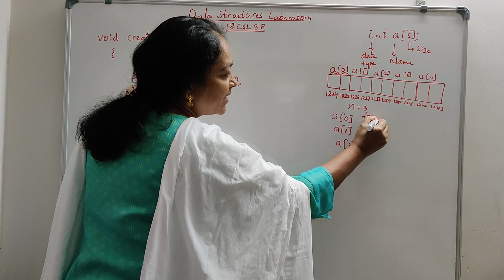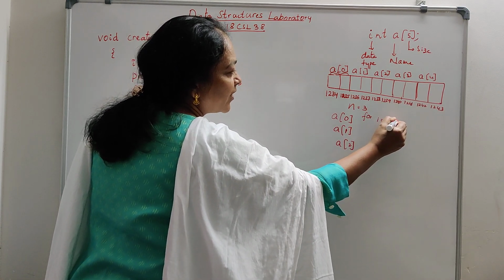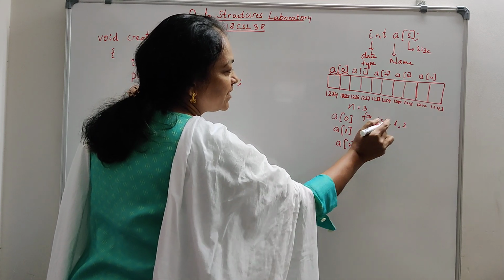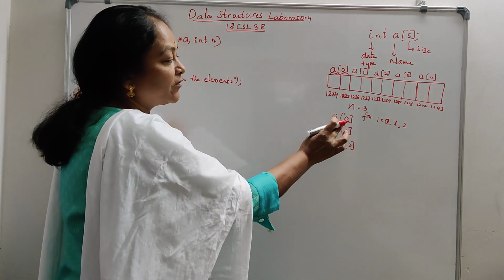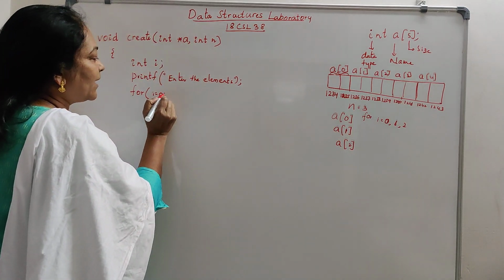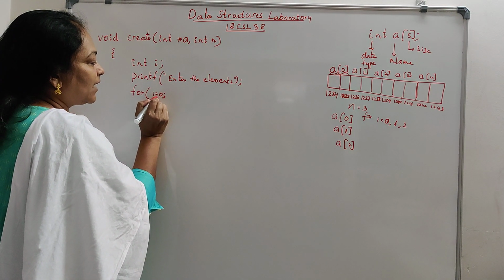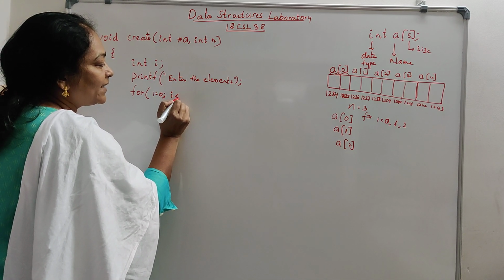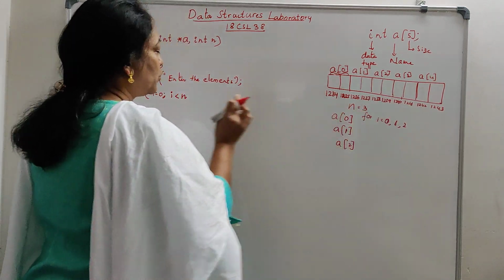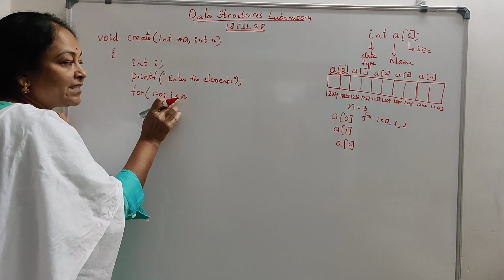Because this is an array and the index starts from 0, we need A of 0, A of 1 and A of 2. So we start i with 0 and i is less than n. Why less than n? Because it goes up to 2 only.